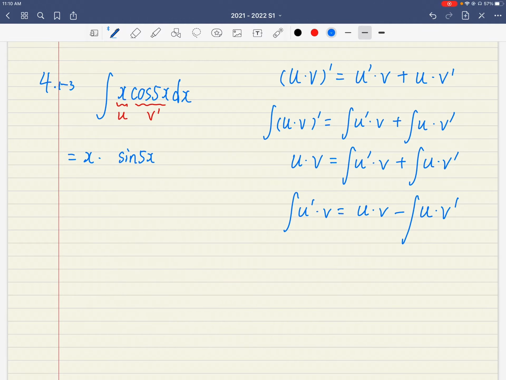That v should be sine 5x over 5. So this is still my u, this is still my v, minus the integral of, so now x, you differentiate it, it's 1. This is the derivative of u times v, just copy it down.